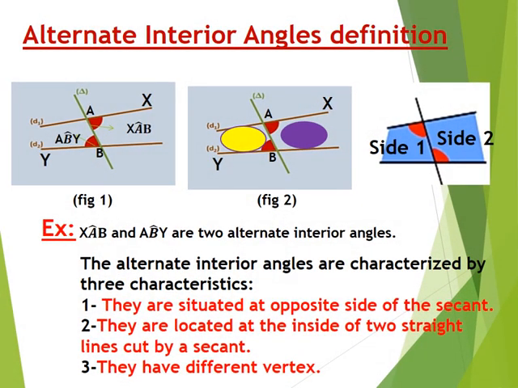Now, what are the alternate interior angles? Looking at figure 1, we can see an example of two alternate interior angles colored in red. We can draw in our imagination an inverted Z letter, which is in this case YBAX.